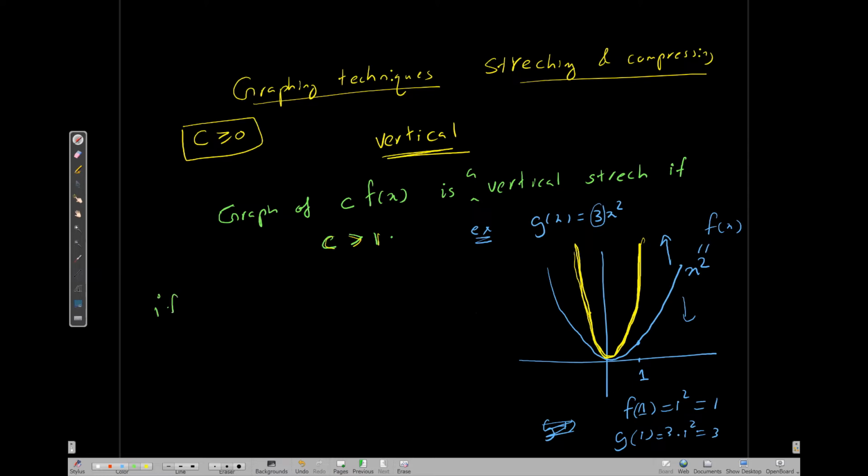And the next case, if C is between 0 and 1, then it is a vertical compression. Now let's take for example h of x equals 1/3 x squared.